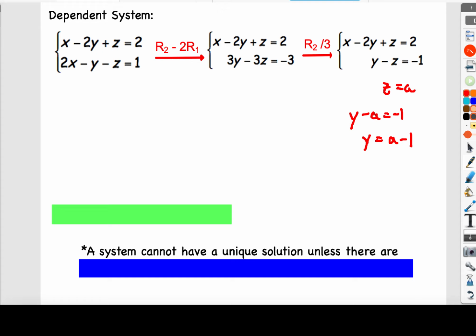And then let's go back to our original equation. x minus 2 times y, which is a minus 1, plus z, which is a, equals 2. Sorry, I kind of mushed that into my other equations there, so I'll move over a little bit. Do a little distributing.